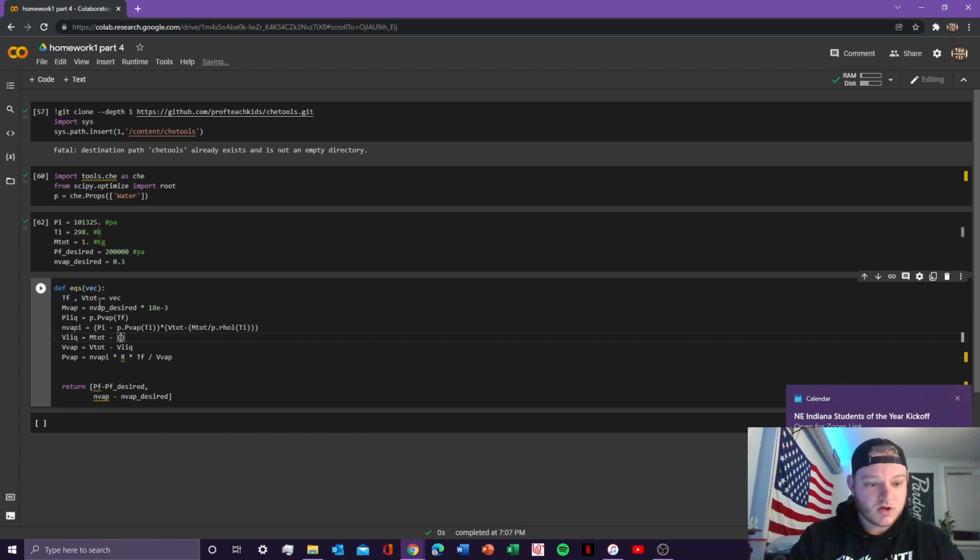So we just solved for that up here, so we can just put that in instead of having to do that whole problem right inside of it. And then this is also divided by the density of water at final temperature. Alright, so we got V liquid, V vap, we got P vap.